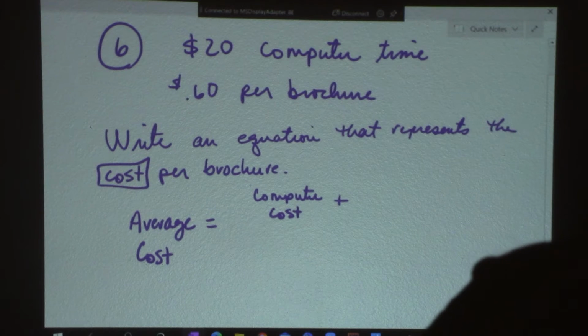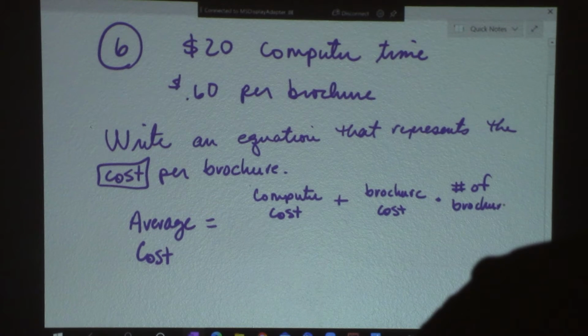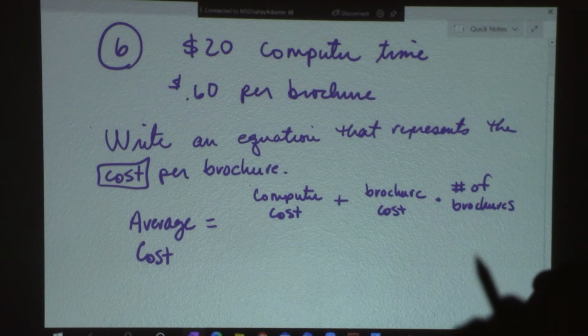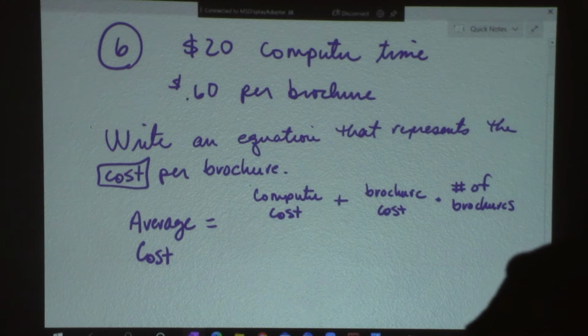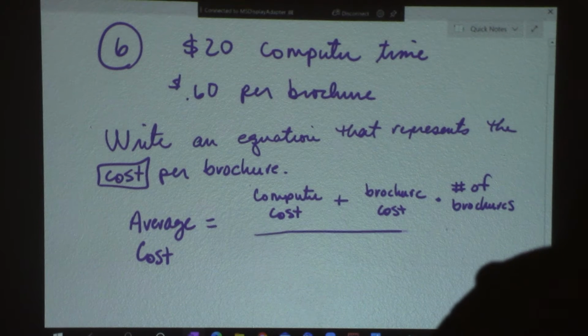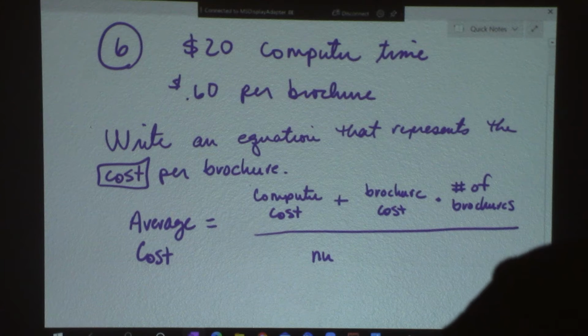So I've got my brochure cost times the number of brochures, right? So that would vary. The computer cost is always the same. The number of brochures I order is going to vary. If I have 100 brochures, 1,000 brochures, my cost is going to vary based on how many I have, but every time I have to multiply by my 60 cents. And this is going to be divided by the number printed.